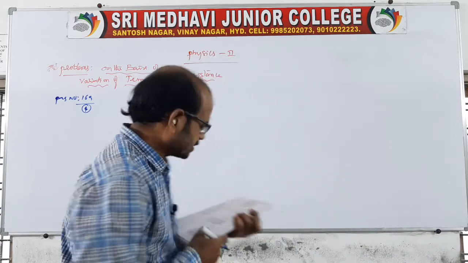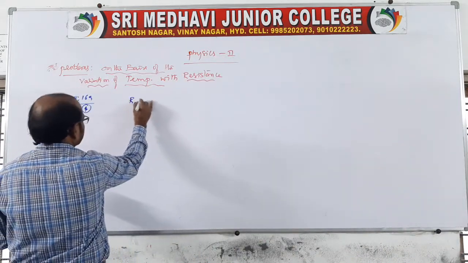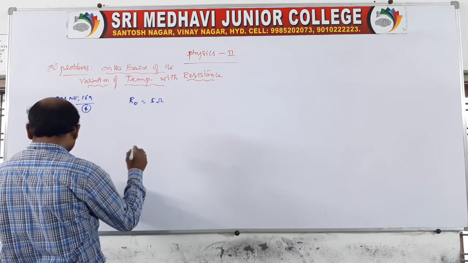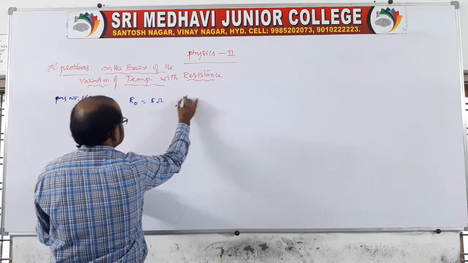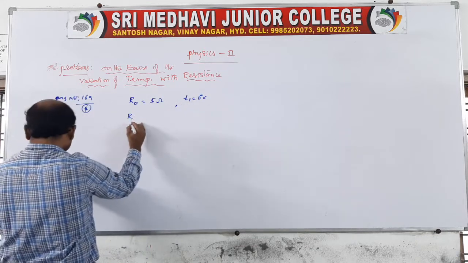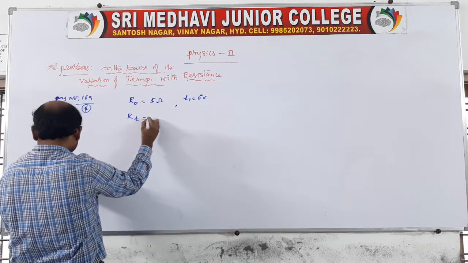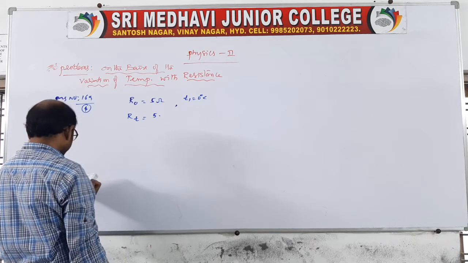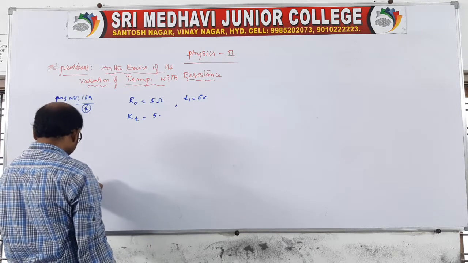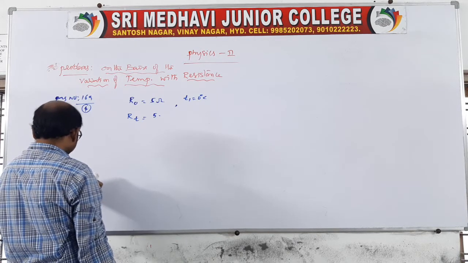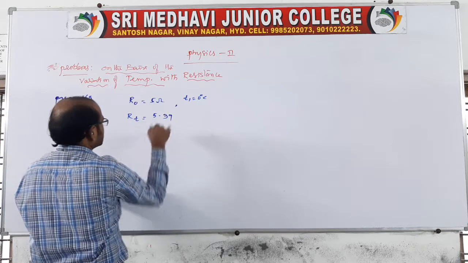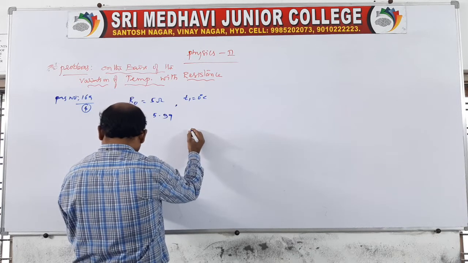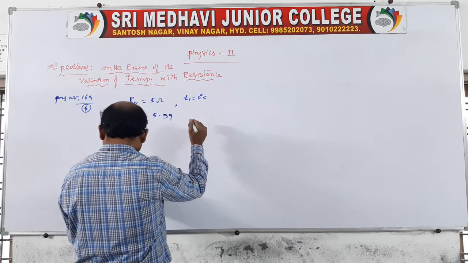The ice point is nothing but 0 degrees Celsius, so T1 is 0 degrees Celsius and R0 is given as 5 ohm. At the steam point, which is 100 degrees Celsius, the resistance is given as 5.39 ohm, so T2 is 100 degrees Celsius.